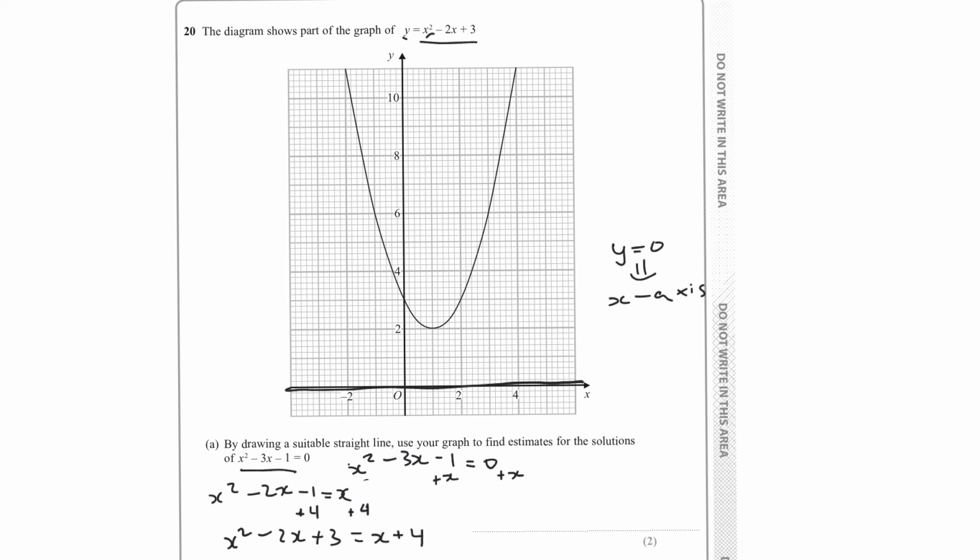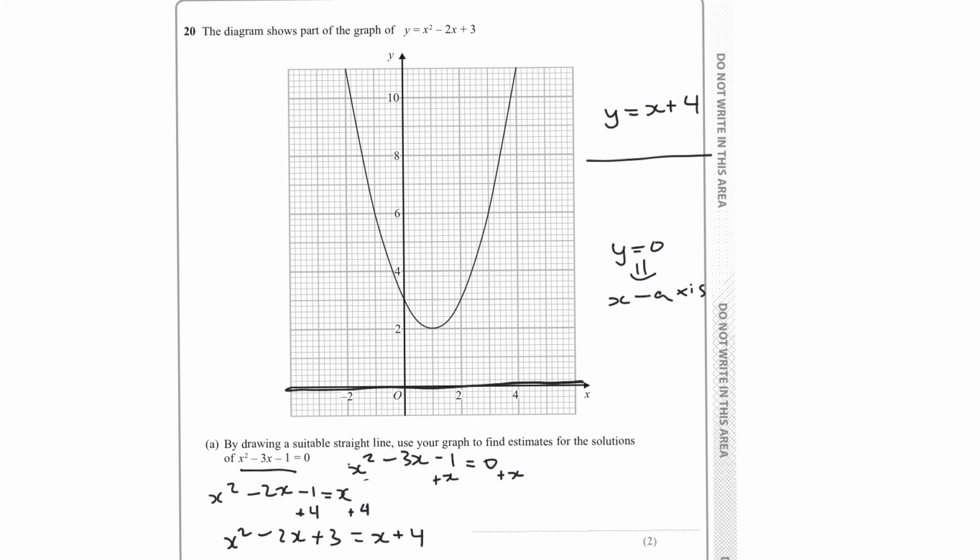So now that we know that, that basically means to work out the point of when x squared minus 3x minus 1 is equal to 0, that would be the same as having the x squared minus 2x plus 3 graph with also the graph y is equal to x plus 4 crossing it. So now we need to work out the coordinates of that.